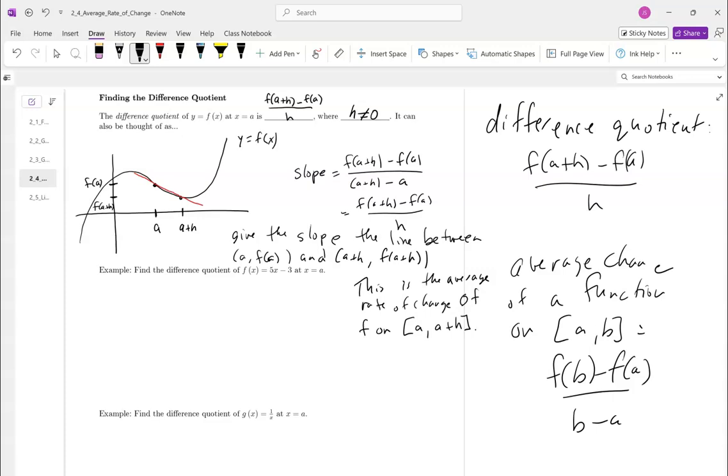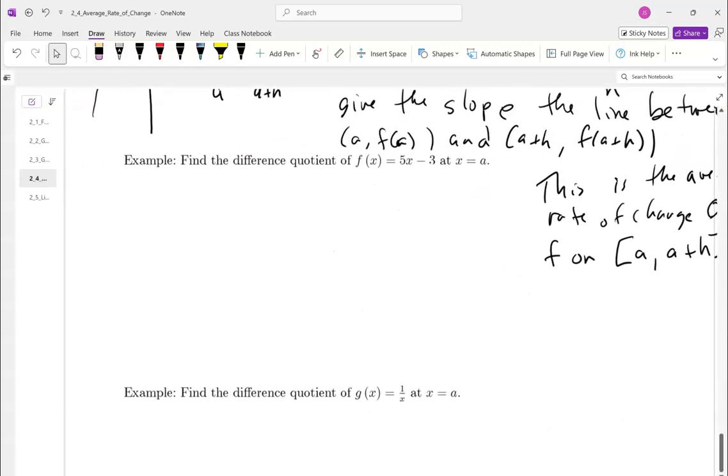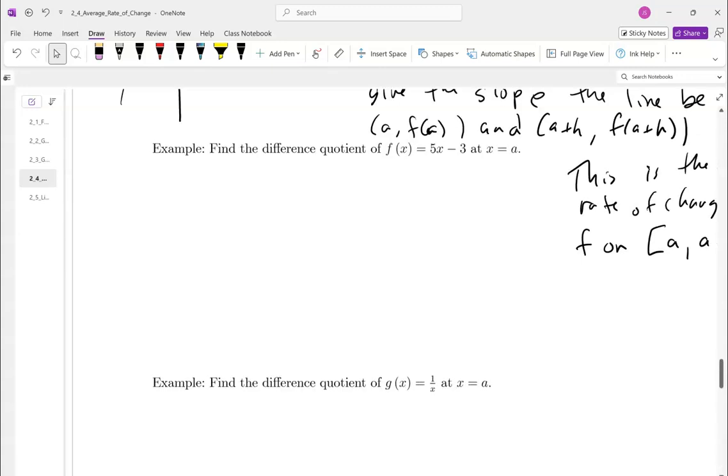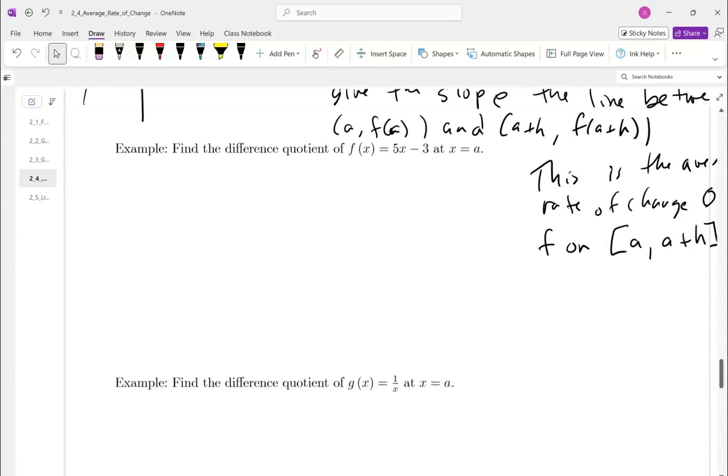Okay. So let's just do a couple of examples here of computing the difference quotient. We compute it the same way every time. We just need to remember that this notation doesn't mean take the function and add h to it. What does that notation mean?